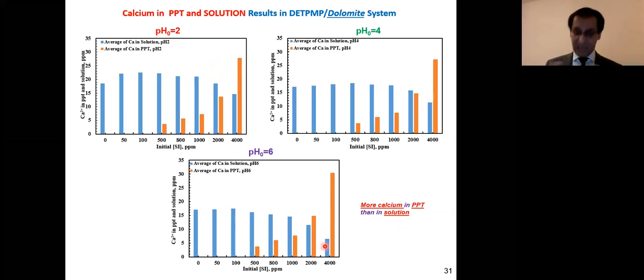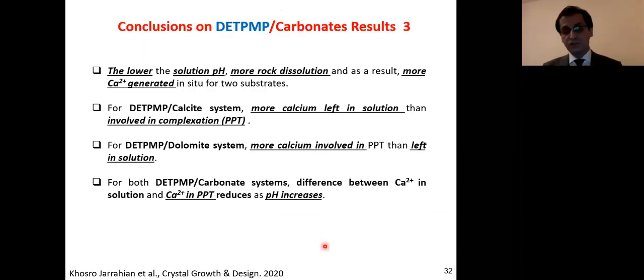That's why we have a lack of calcium, and this calcium is compensated mostly from North Sea water. As a conclusion from this part, the lower the solution pH, the more rock dissolution, and as a result, more calcium generated in situ for the two substrates.